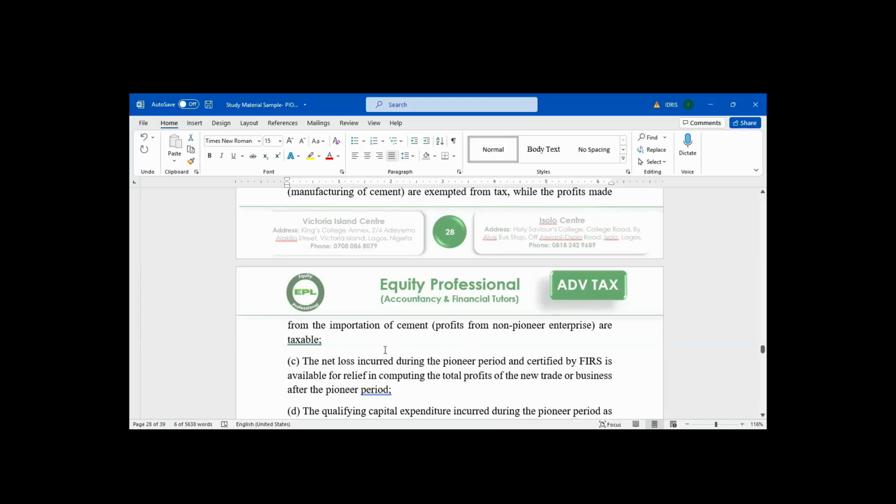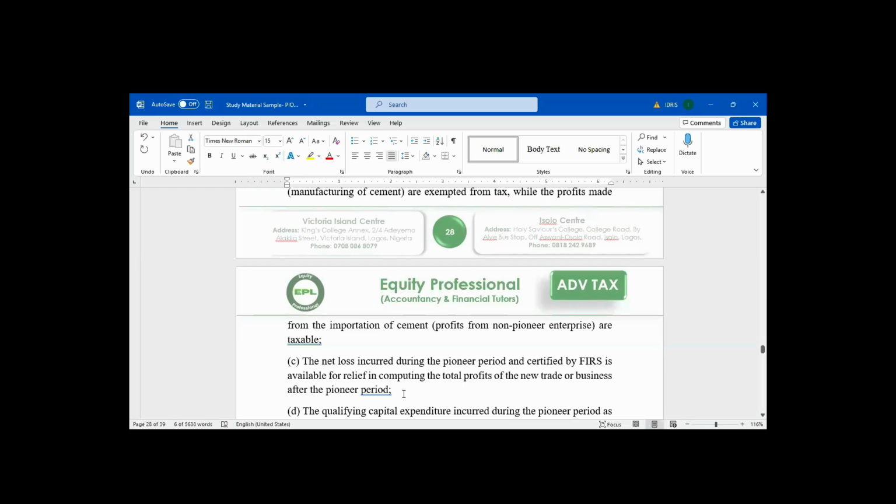You need to let them know the net loss incurred during the pioneer period as certified by FIRS is available for relief against the profit of which period? Post-pioneer period, which is after the pioneer period.